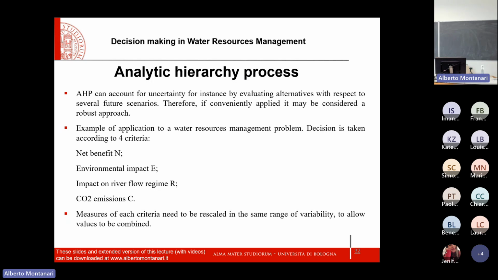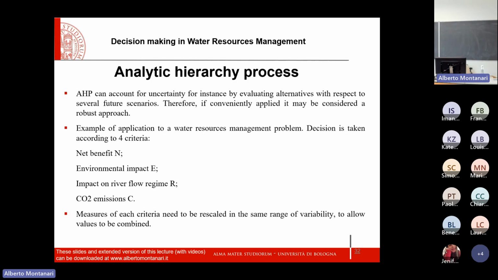So we need a proper definition. Is environmental impact including the impact on river flow regime or not? Because if you introduce criteria that are correlated, you put more weight on these criteria.